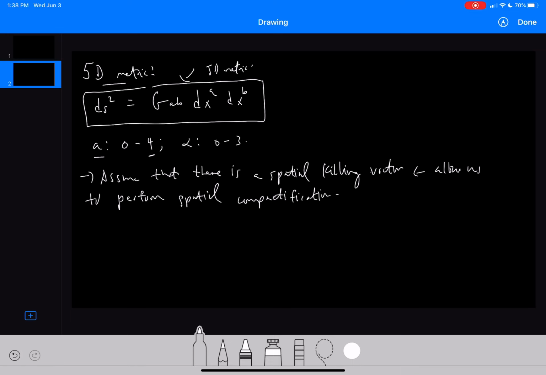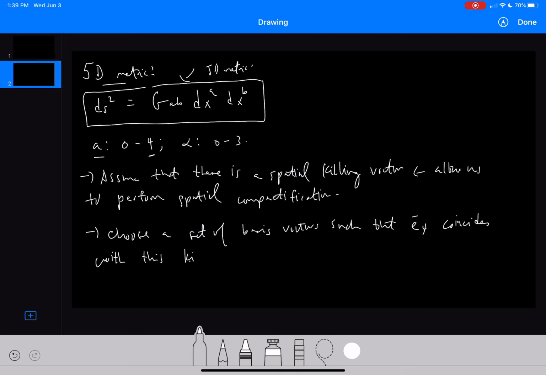All right. As the first step, I'll choose a set of basis vectors such that the basis vector that represents the fifth dimension, which I'll call E4, coincides with the Killing vector that I previously mentioned, which I will label by the Greek letter zeta.